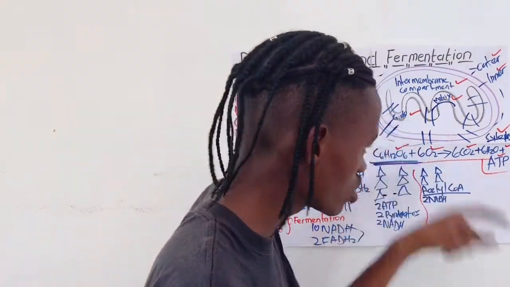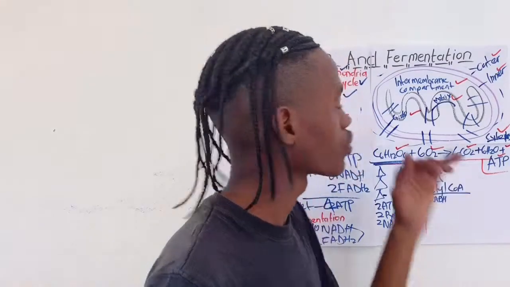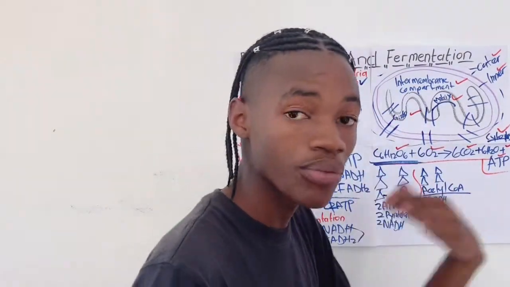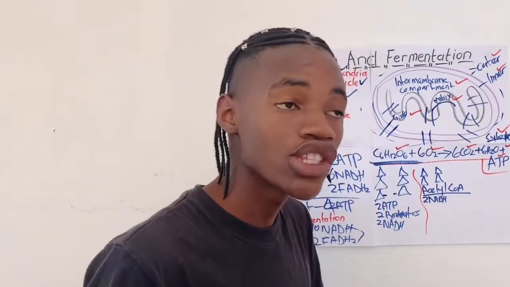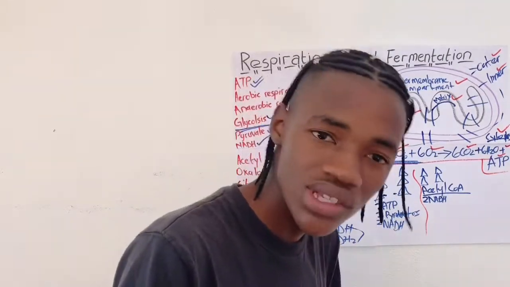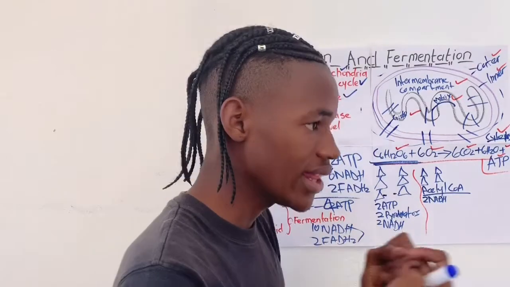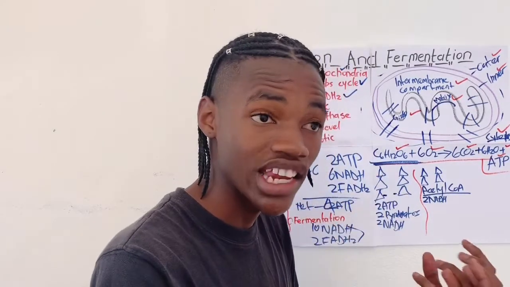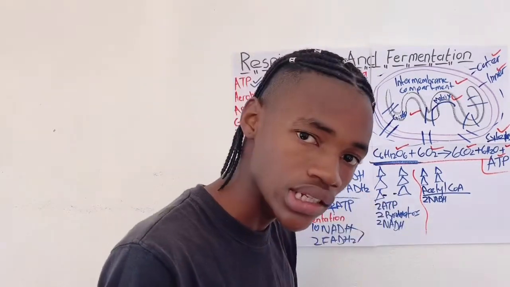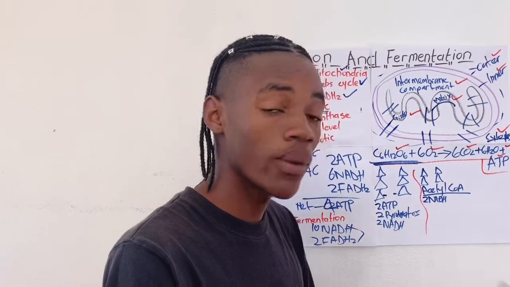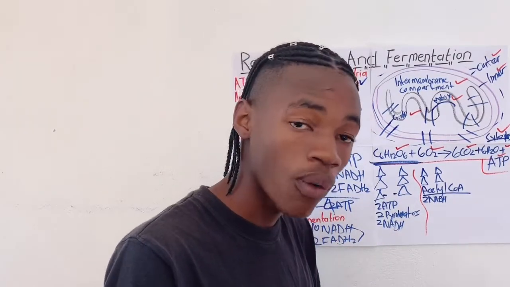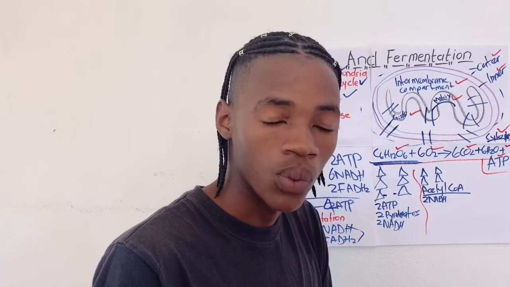And then these electrons move along the proteins, the chain from protein to protein, until they get into the last protein. And the last protein that accepts electrons, that is reduced, is oxygen, which combines with hydrogen to form water.